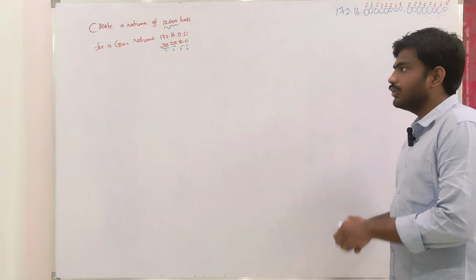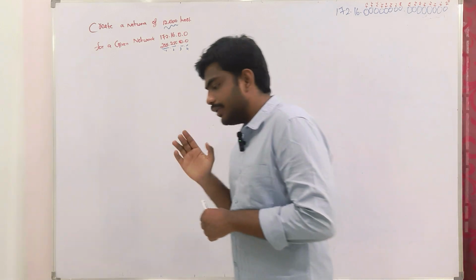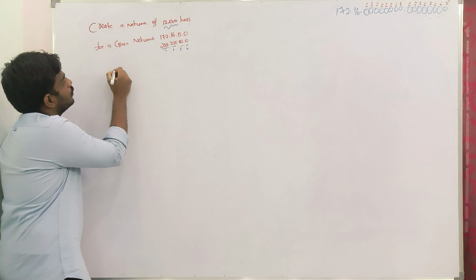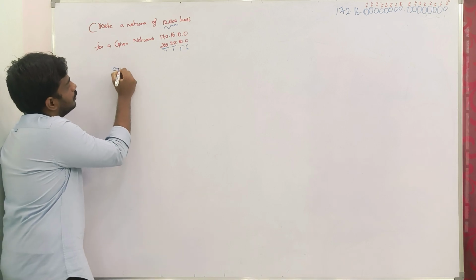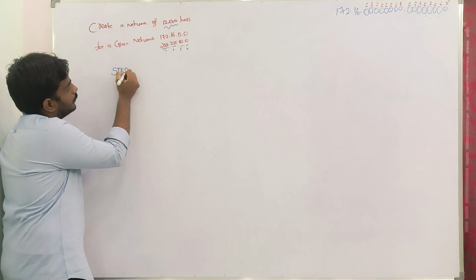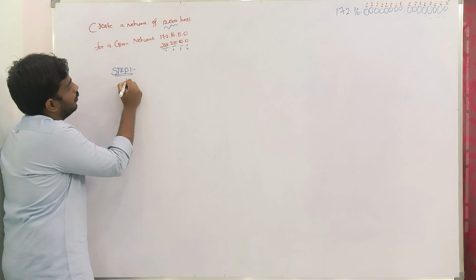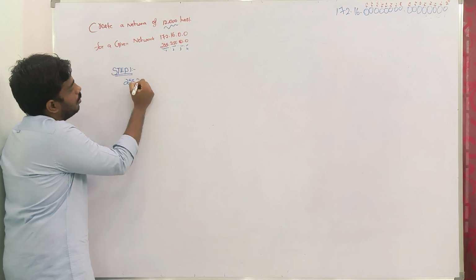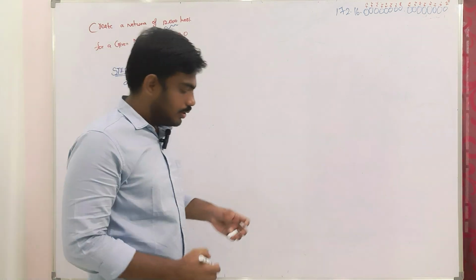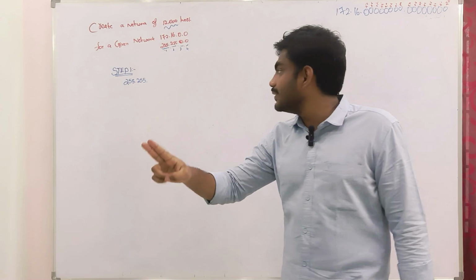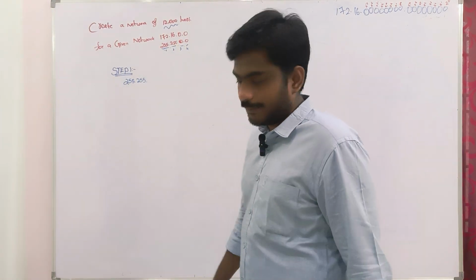How is it possible? Okay, as usual, go to step 1 and take the subnet mask. What is our subnet mask? 255.255. Now we have two host octets, the third octet and the fourth octet.